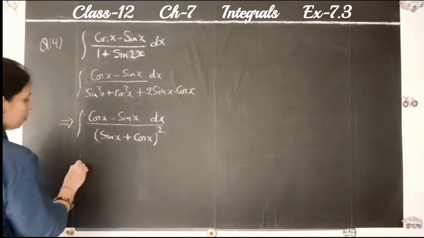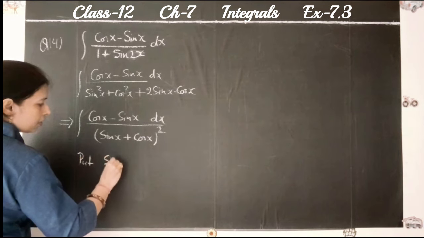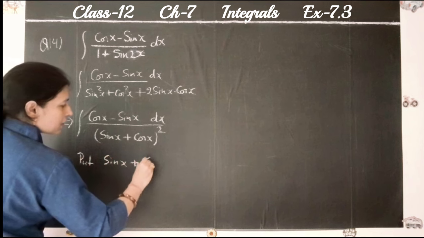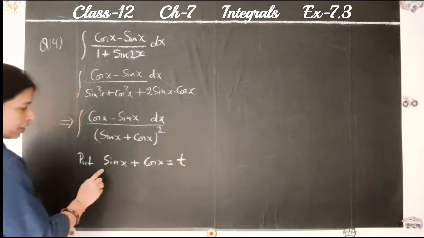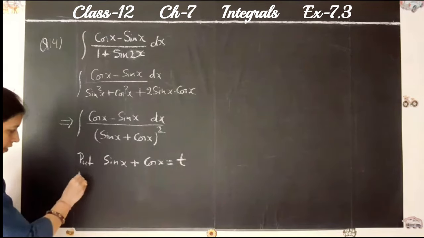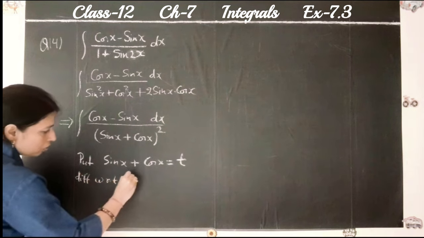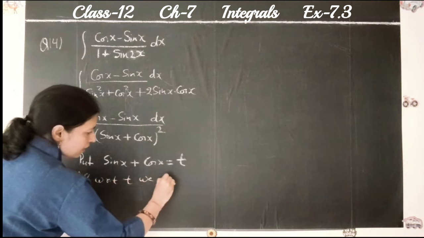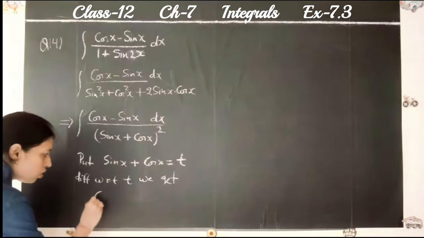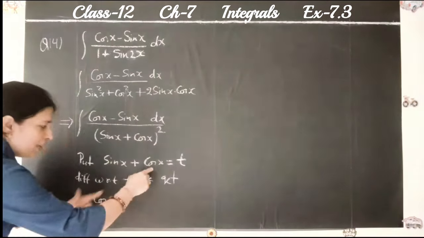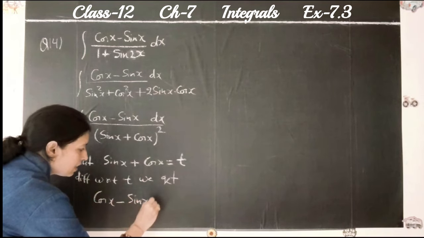So first we put here sin x plus cos x is equal to t. Then differentiate both sides. When we differentiate sin x we get cos x. When we differentiate cos x we get minus sin x.